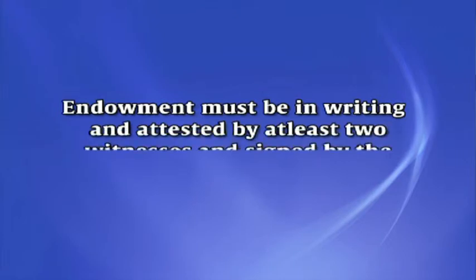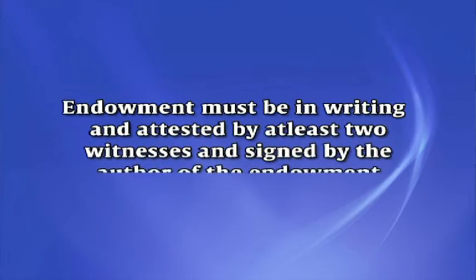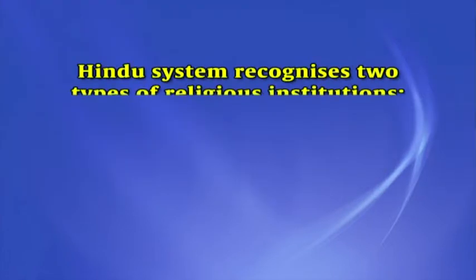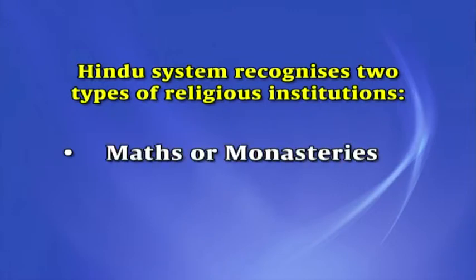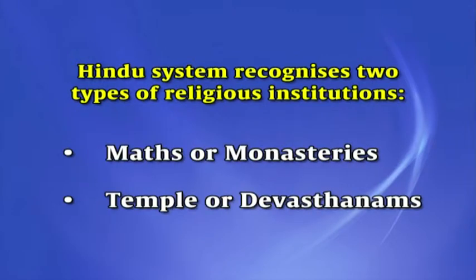It means that the endowment must be in writing and attested by at least 2 witnesses and signed by the author of the endowment. The Hindu system recognizes 2 types of religious institutions: mats or monasteries and temples or devasthanams.